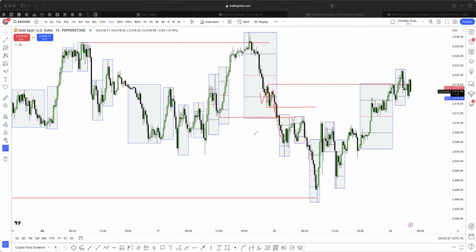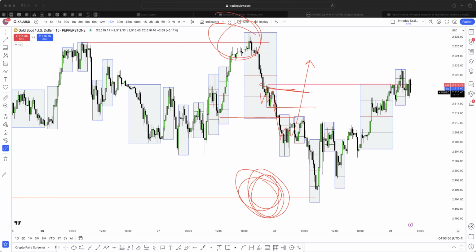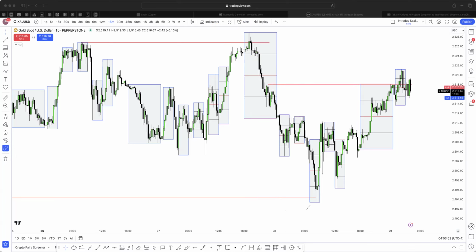And why did it not stop and go up from here? Because there was already a predetermined target waiting to be taken out because of what happened over here. So you got to think about all of that. This is valid liquidity. So once we start changing our state of delivery, once the fundamental flow is changed to bullish, you can buy here. I got stopped out, and you buy over here. There you go. And look, the reactions are beginning.